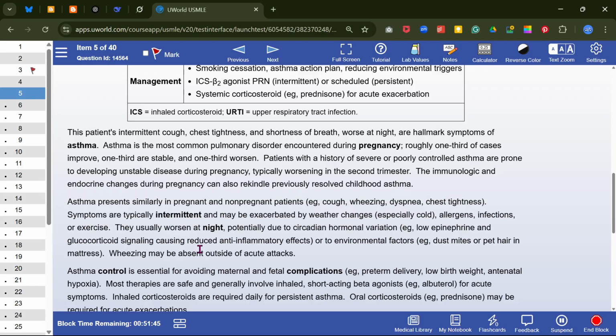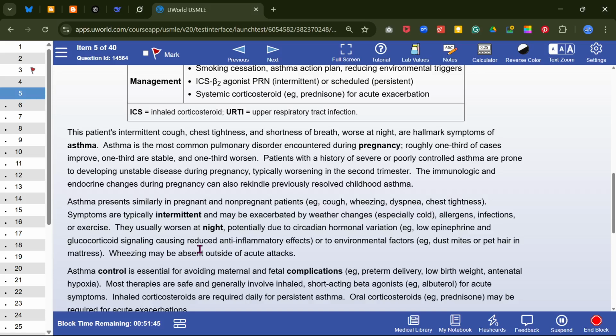Patients with a history of severe or poorly controlled asthma are prone to developing unstable disease during pregnancy, typically worsening in the second trimester. The immunologic and endocrine changes during pregnancy can also rekindle previously resolved childhood asthma.